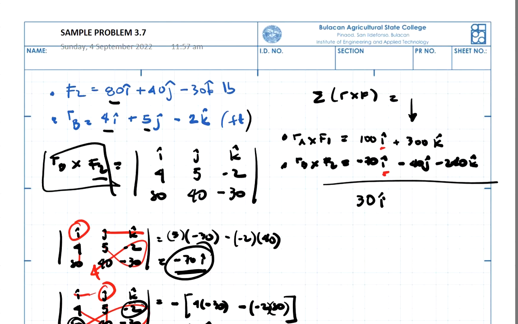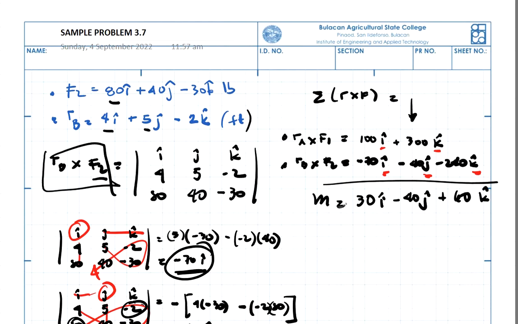Then for our J, since we only have a negative 40J here, we can copy this, since our RA cross F1 has no J component. And lastly, for the value of our K, we have 300 minus 240, which is plus 60K.